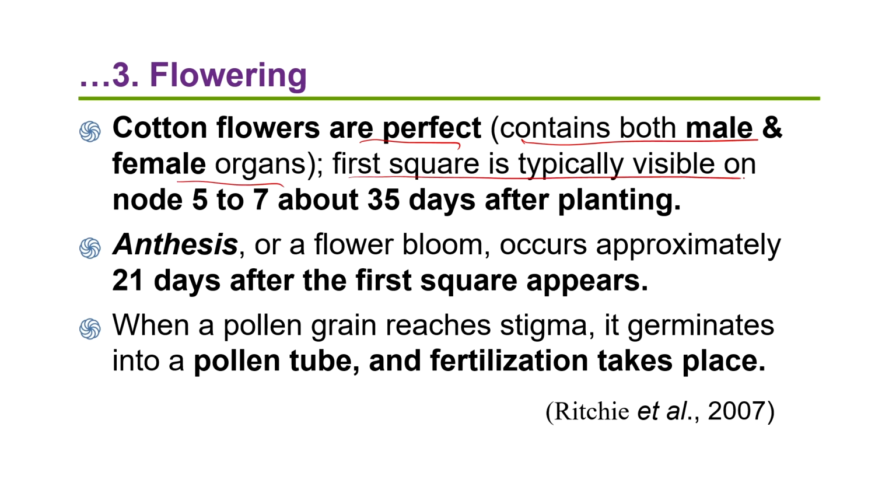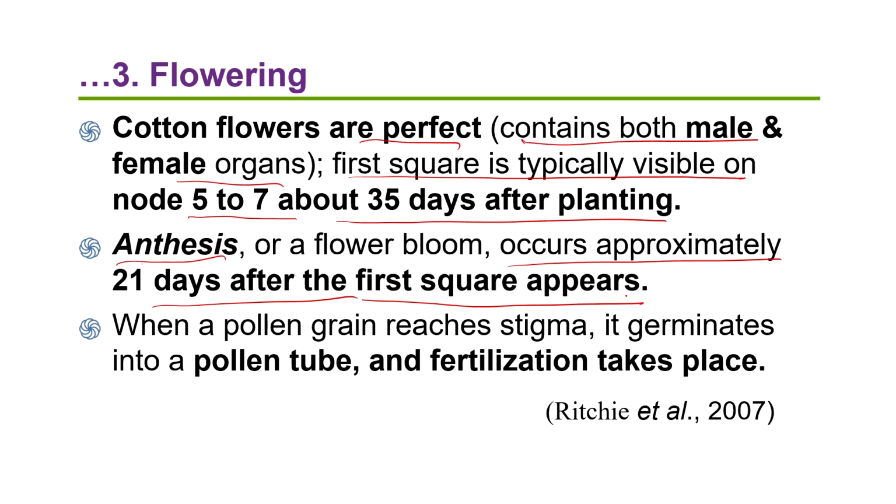The first square is typically visible on node 5 to 7 about 35 days after planting. Anthesis, the opening of the flower or flower bloom, occurs approximately 21 days after first square formation. You have already seen such different stages in the picture that was shown to you.